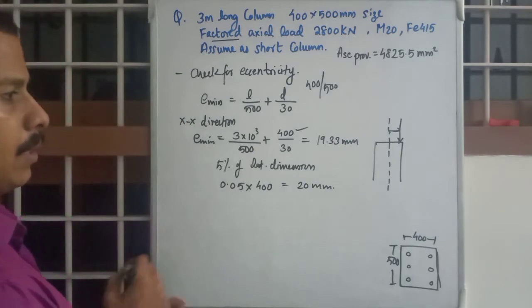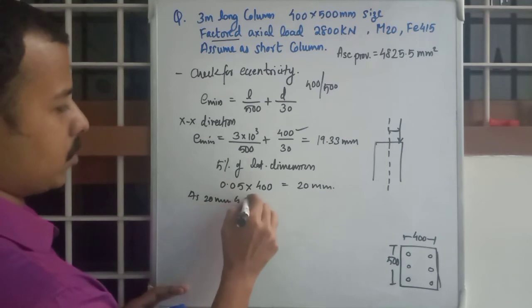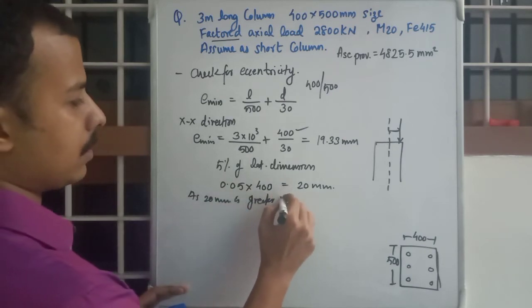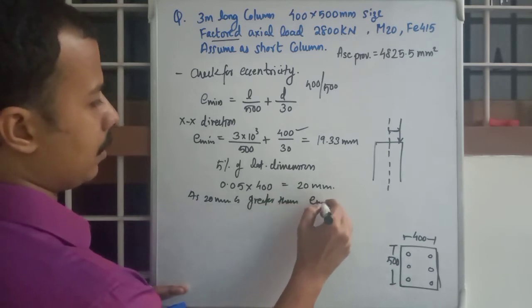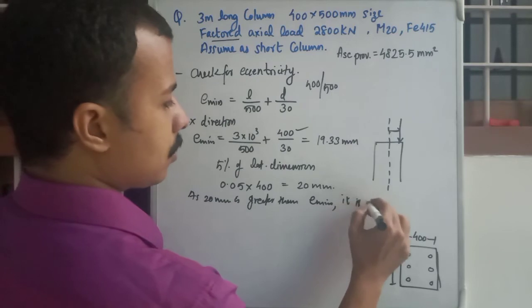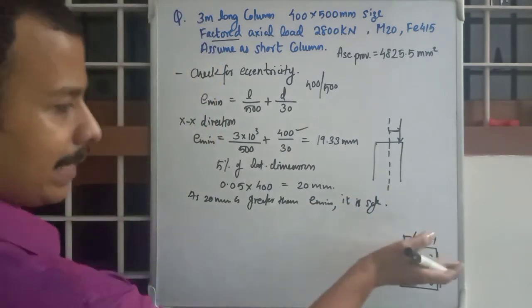As 20 mm is greater than E minimum, it is safe with respect to the x axis.